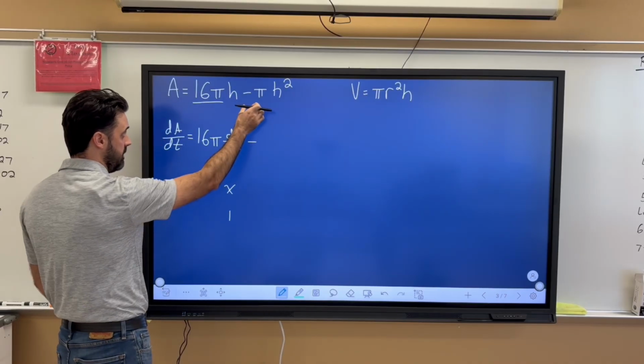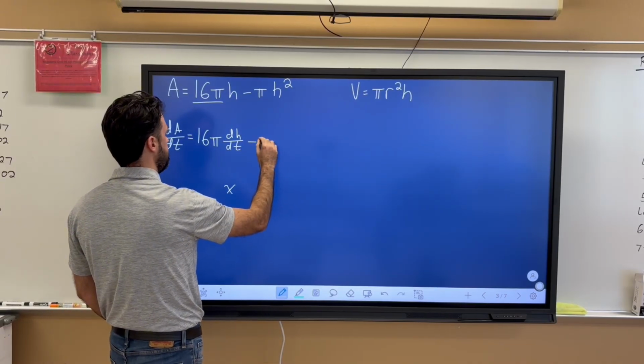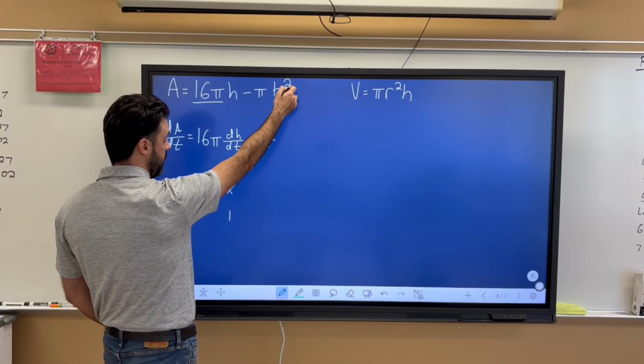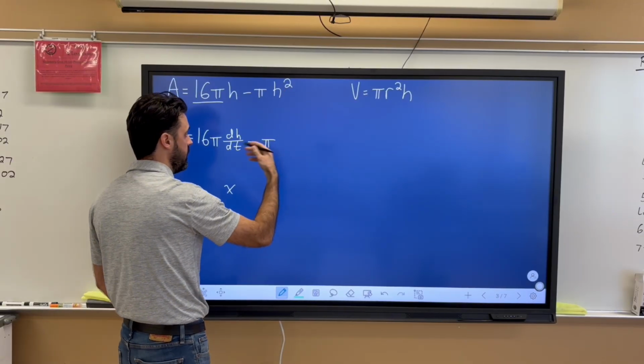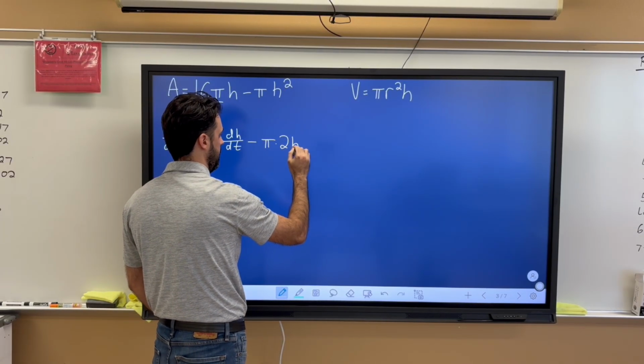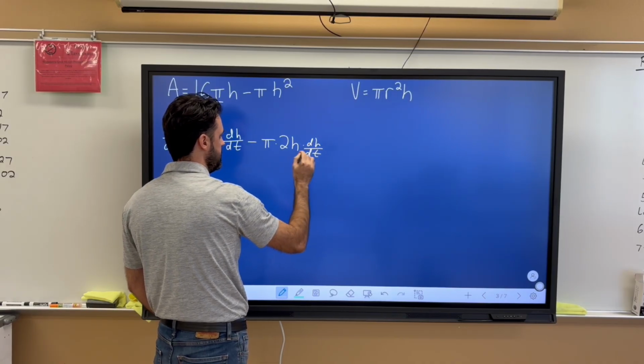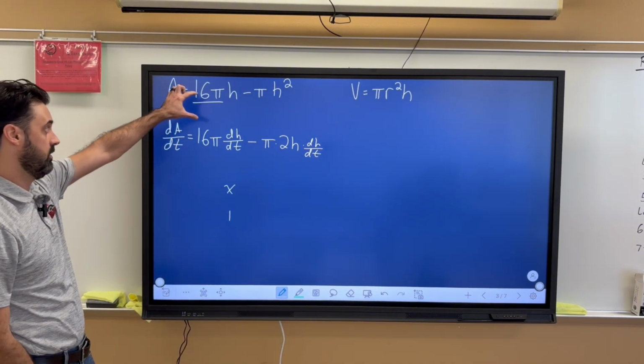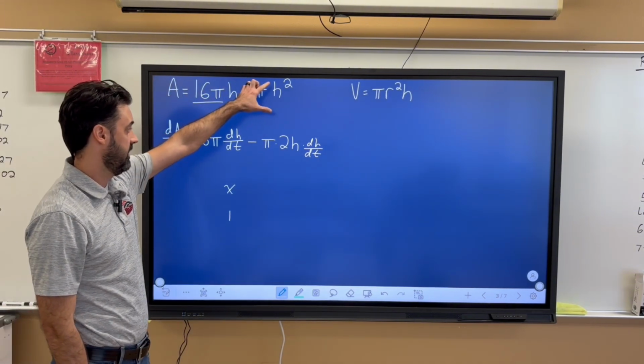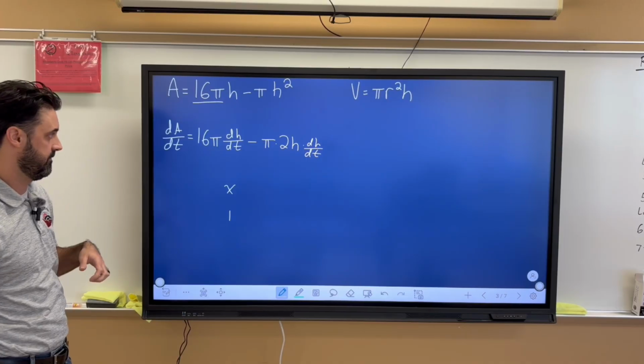Minus our second term, again, pi is a constant, so it just stays there. H squared is like x squared, so it would become 2x, or in this case, 2h. But again, we have to multiply by that dh over dt. Anytime you've taken the derivative of any of these variables, it's d something over dt.